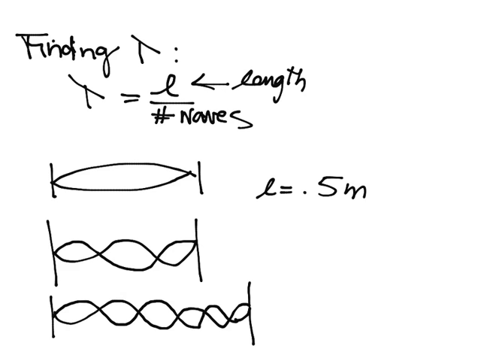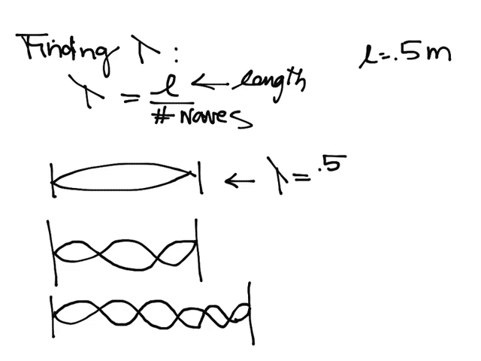Let's assume, even though I'm bad at drawing, that the length in all of these circumstances is 0.5 meters. And I want you to tell me what is the wavelength in each circumstance. In our first situation, we have 1/2 of a wave. So our wavelength is going to be 0.5 divided by half of a wave, 0.5 divided by 0.5, which is 1 meter.